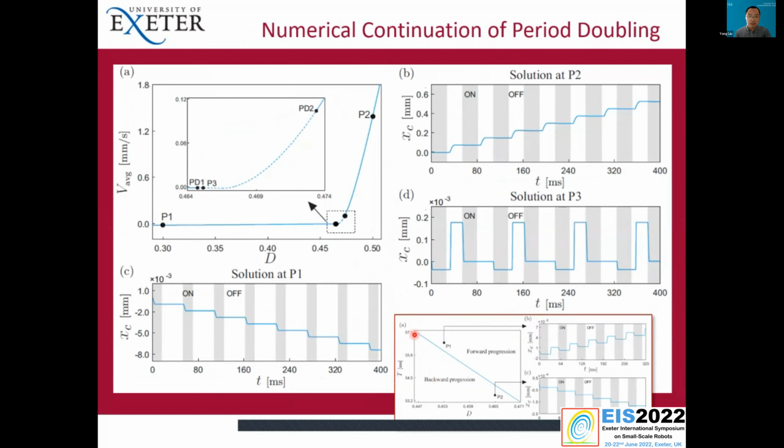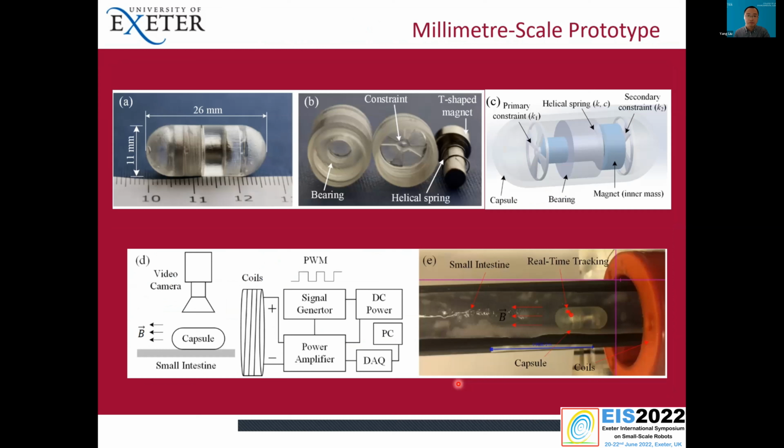In this two-parameter space, we can identify a boundary like this line. If we choose parameters in this region, the system will move forward, and if we choose parameters in this region, the capsule moves backward. So this gives us a control method to adjust our control parameters to control the direction of the capsule.